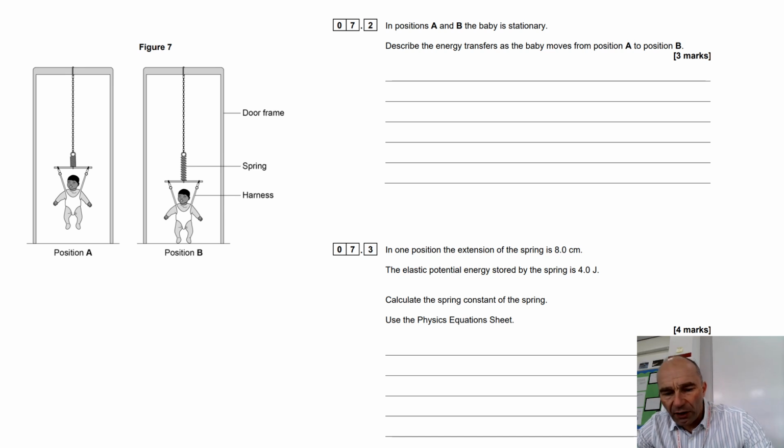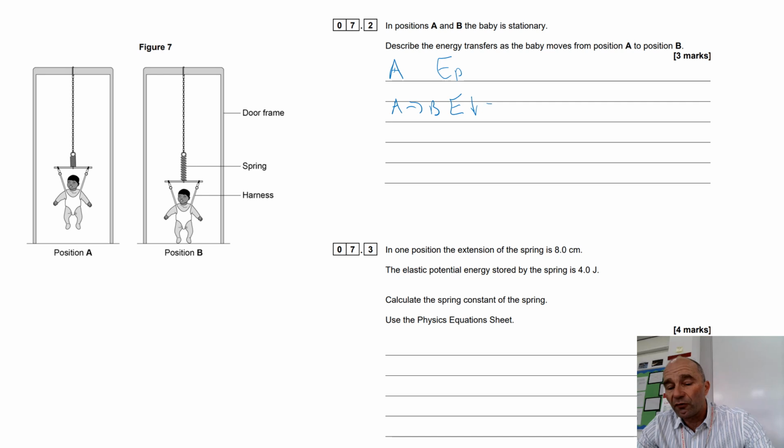So at position A, the baby's stationary, suspended in the air. That means all the energy is stored in the gravitational potential energy. So that's the complete store. Now the baby's moving from position A to position B. As we go from A to B, the gravitational potential energy is going to start reducing.